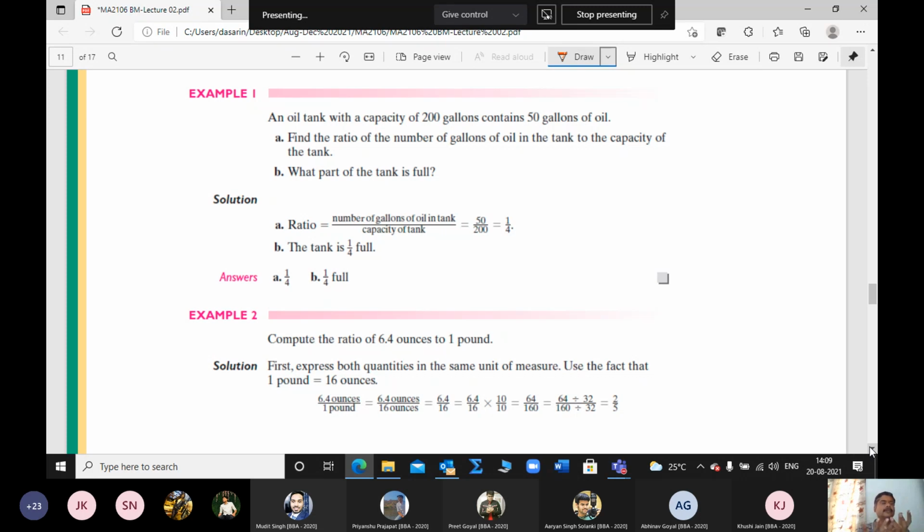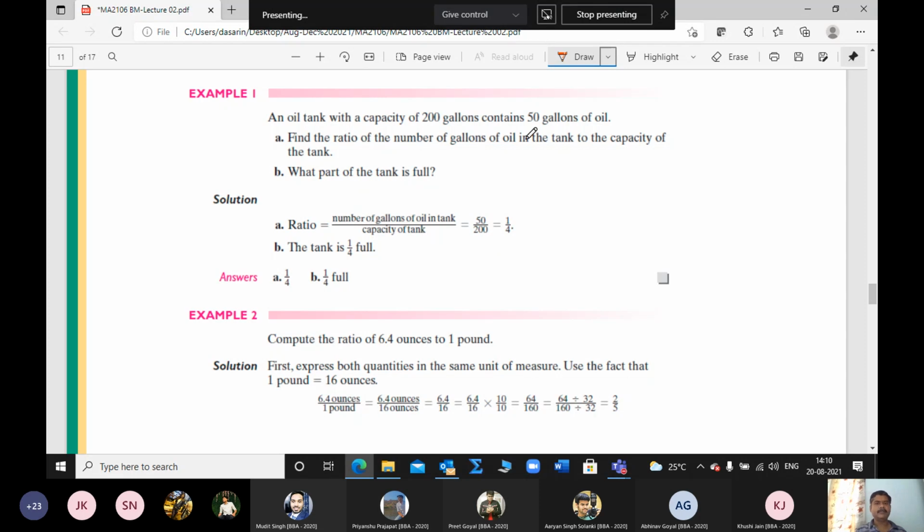So the capacity of the tank is 200. In that 200 capacity tank, how much is filled? Only 50 gallons of oil. So we'll write 50 divided by 200. That is the first question's answer.